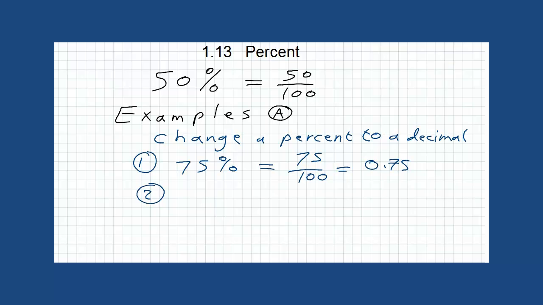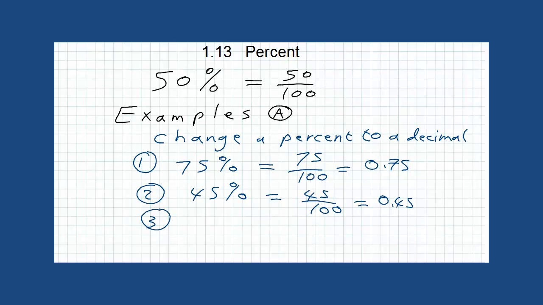Example 2, 45% can be written 45 over 100, and this is 45 hundredths. So we just divide the number beside the symbol of the percent by 100.